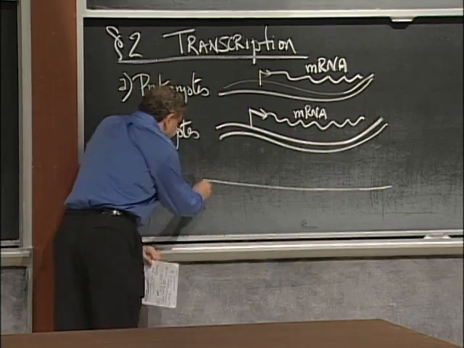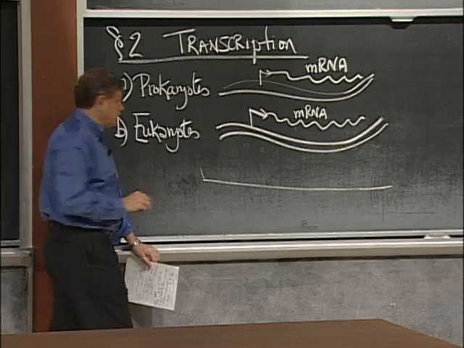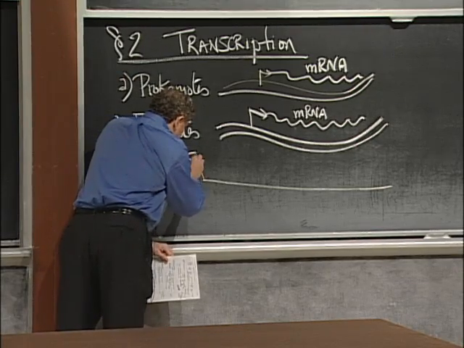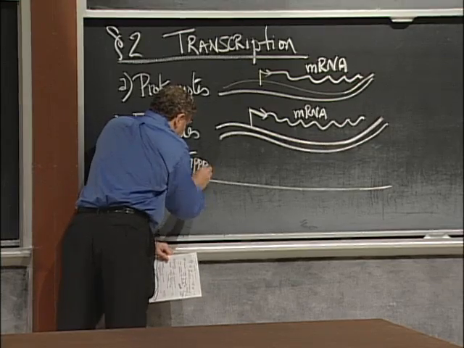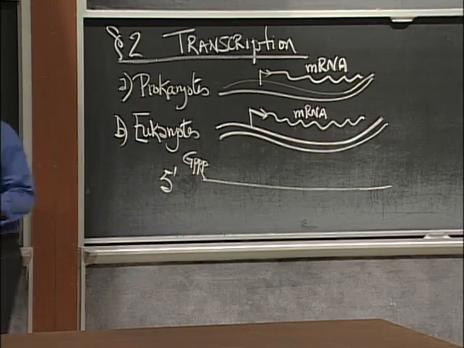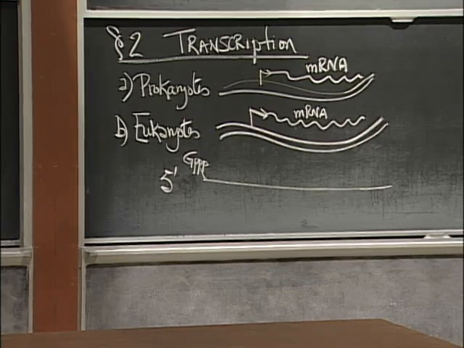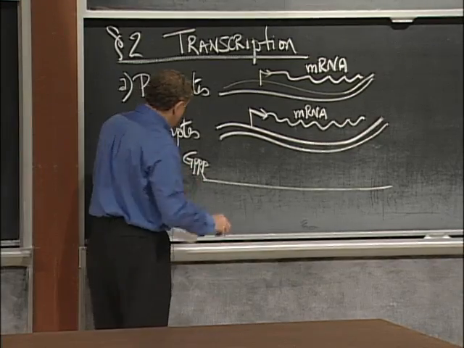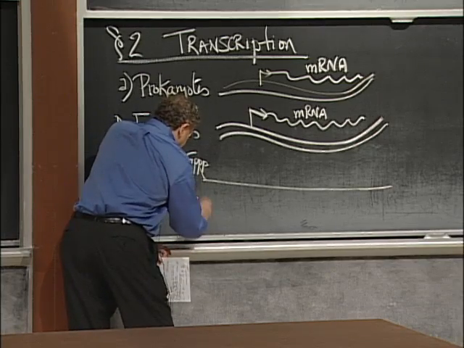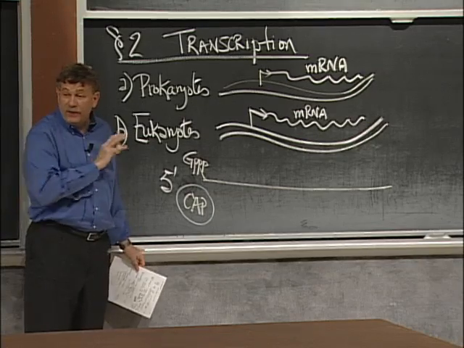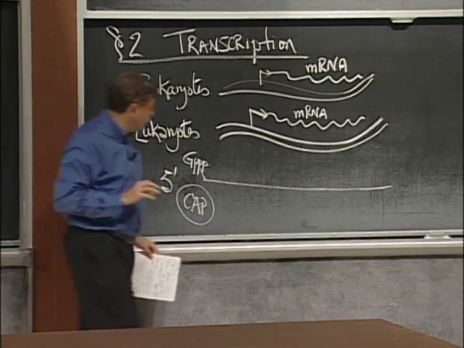First, there is a modification put onto the 5' end. It's basically a backwards G. It's a G triphosphate that is put on backwards. So it goes G, PPP, right there. And this is called a cap. And it's important for message recognition and stability. Eukaryotes put a funny little chemical modification there.